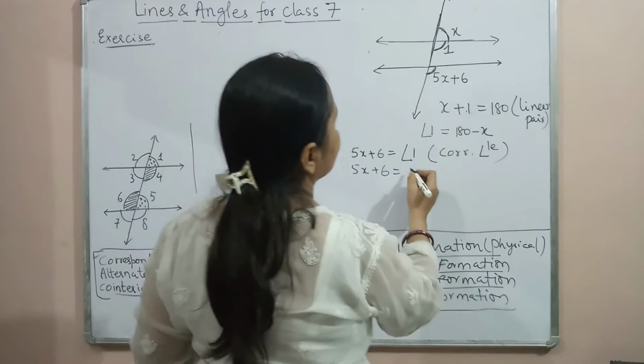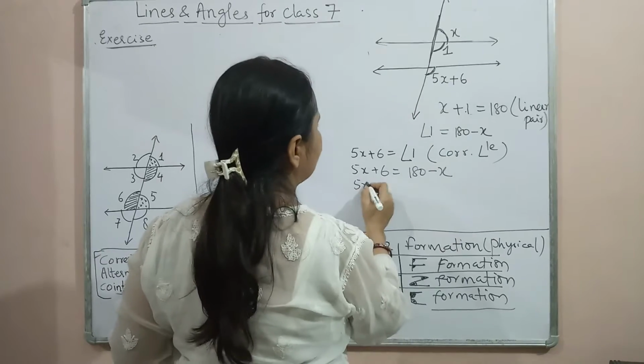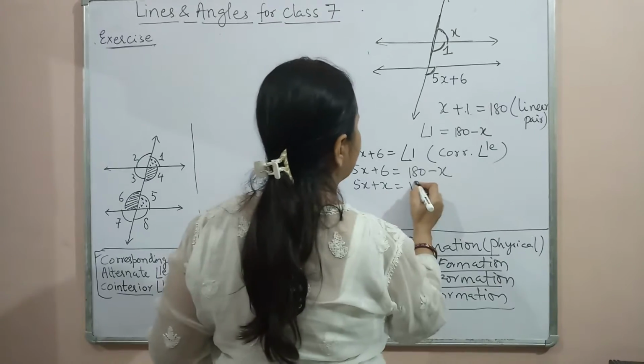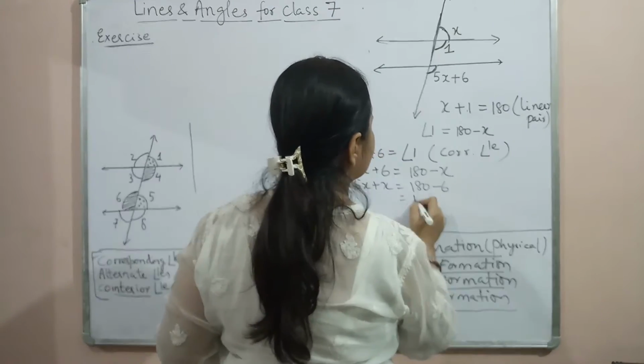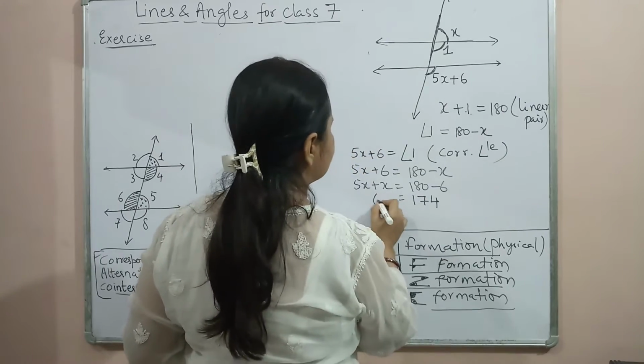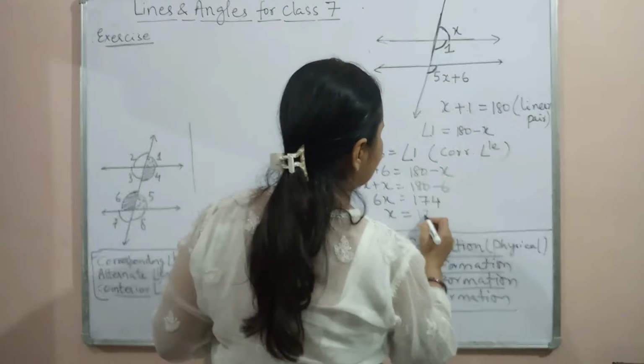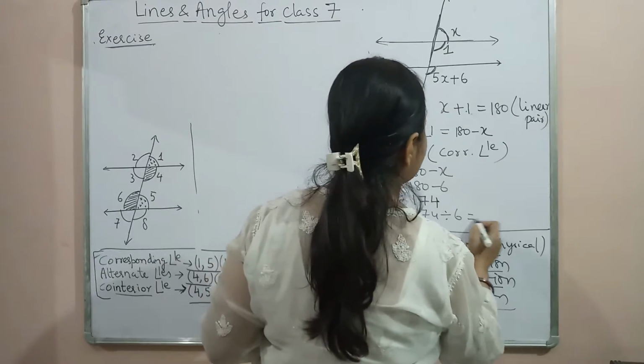Now angle 1 is 180 minus x, that means 5x plus x is equal to 180 minus 6, which is 174, and this is 6x. So x will be 174 divided by 6.